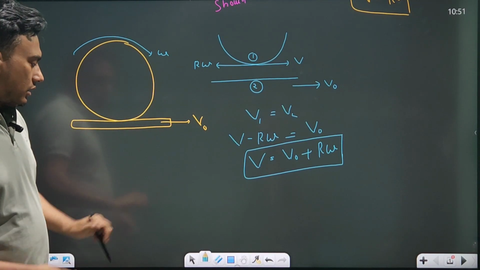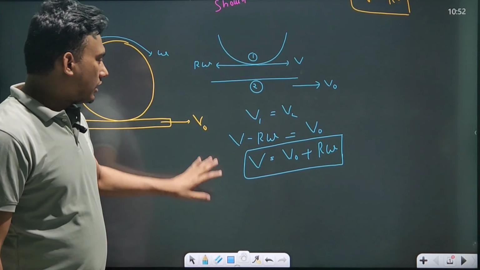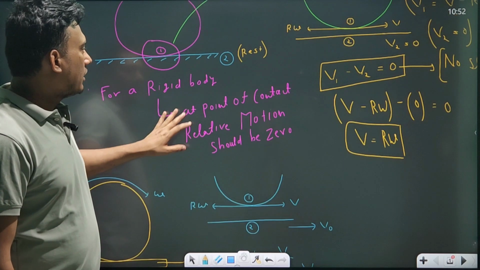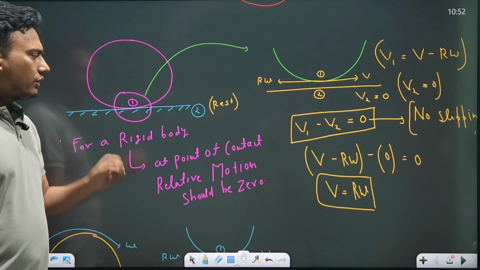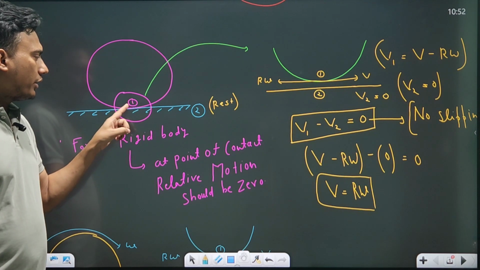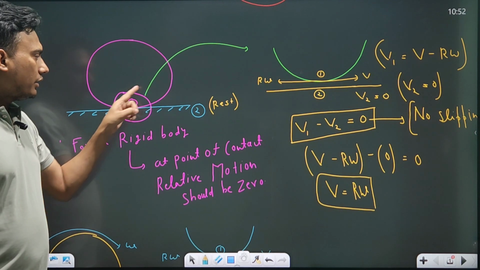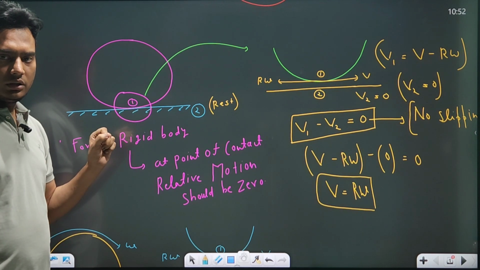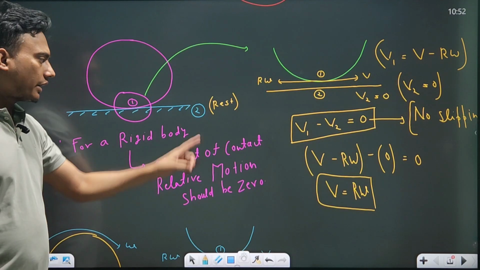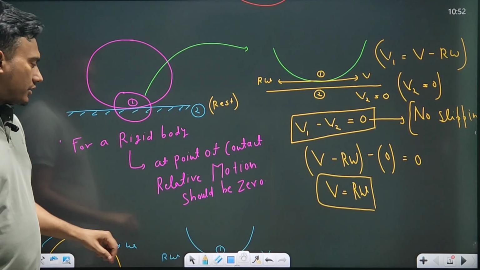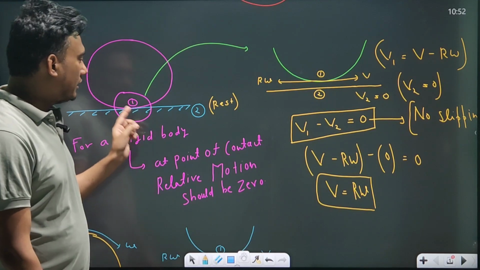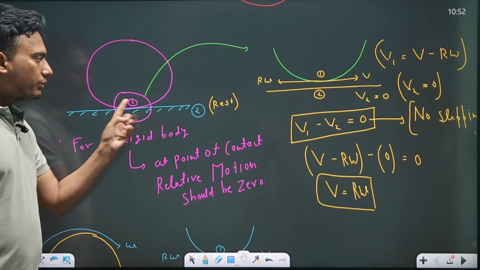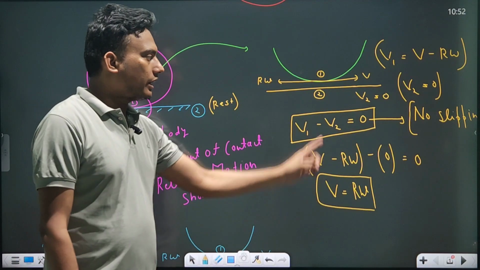Okay, so we revise this again. Here I make a diagram. This is the wheel of a car. At the point of contact, there are two points, point 1 and point 2. Point 1 is part of the wheel at the contact point, and point 2 is the platform, which is at rest. What is the condition for pure rolling? At the point of contact, the relative motion should be 0. So we separate the two points, 1 and 2.